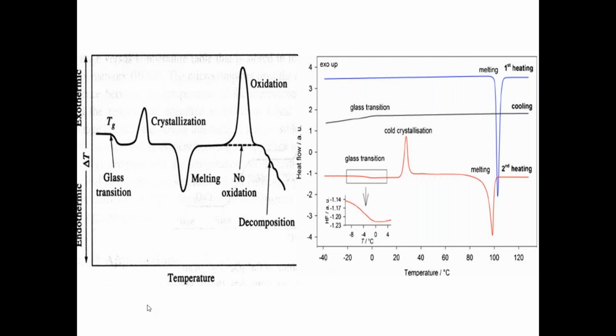This graph has a y-axis and x-axis, where the x-axis is temperature and the y-axis is delta T. If delta T increases, it is called an exotherm, and if it is decreasing, it is called an endotherm. So this is called the thermal representation of the DSC analysis, which contains x and y axes.